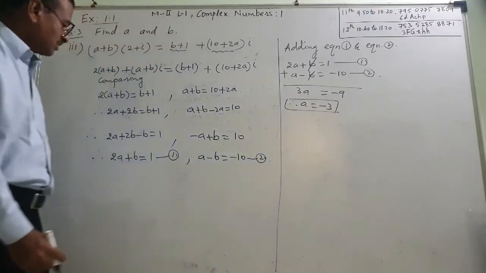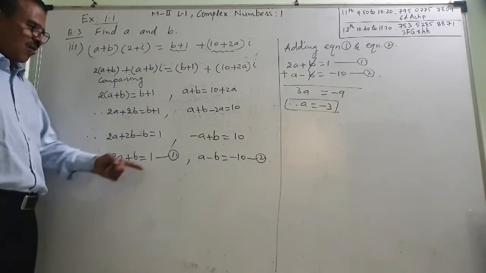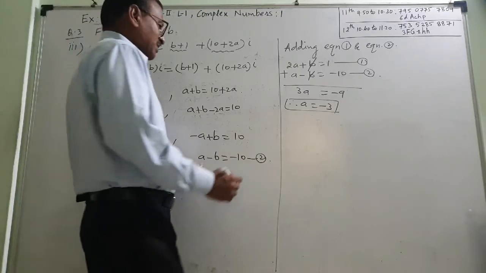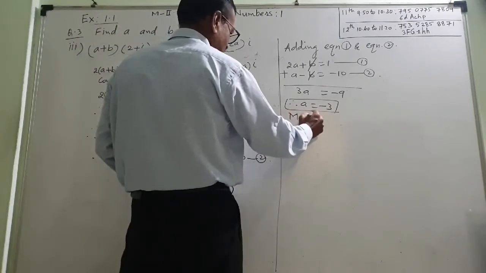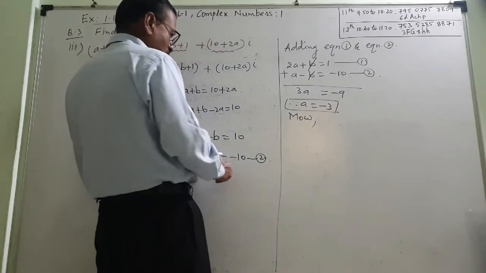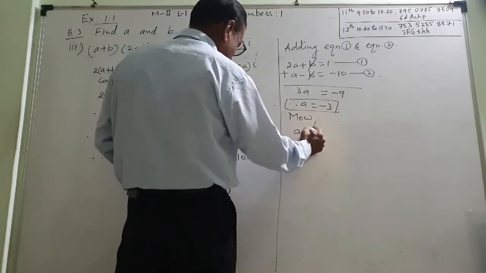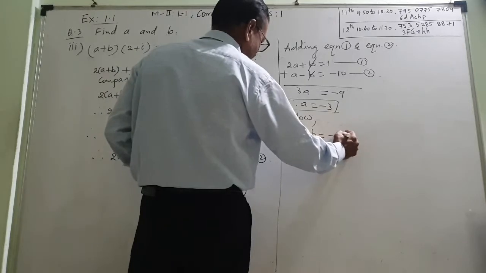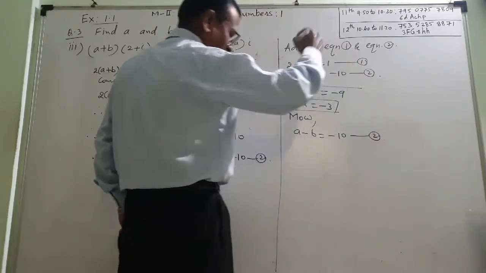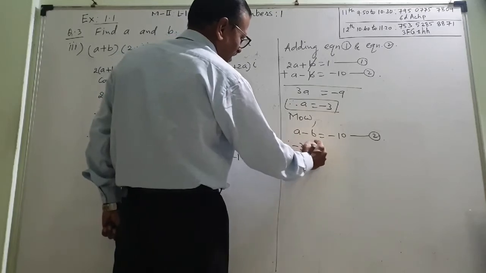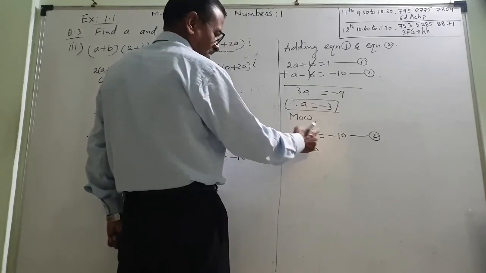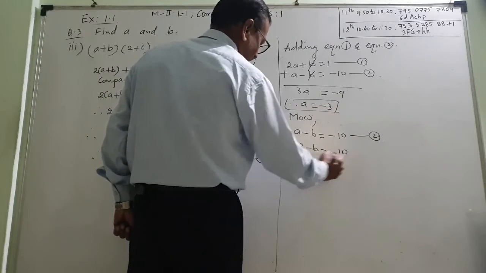Now substitute this value in equation 1 or in equation 2. I will take equation 2: a minus b is equal to minus 10. Therefore, value of a is minus 3, minus 3 minus b is equal to minus 10.